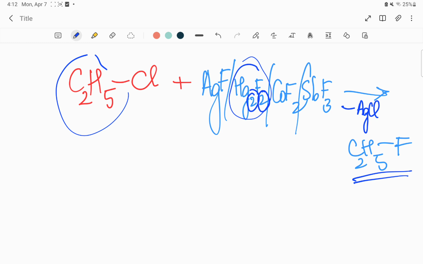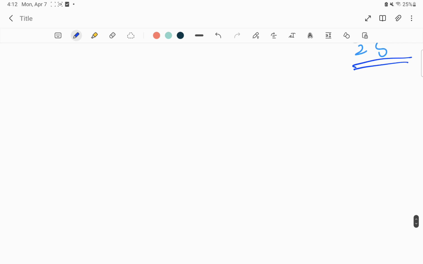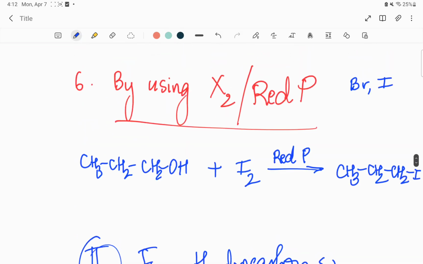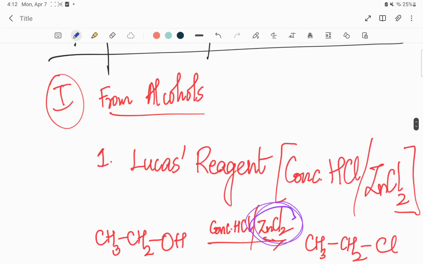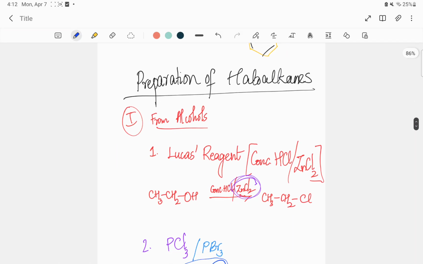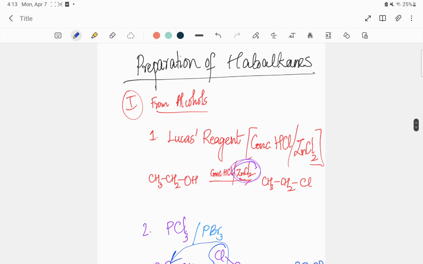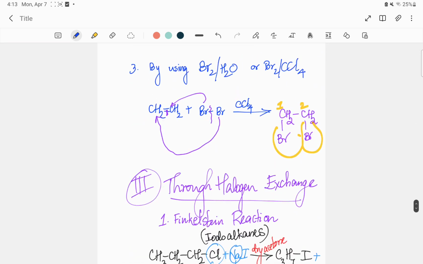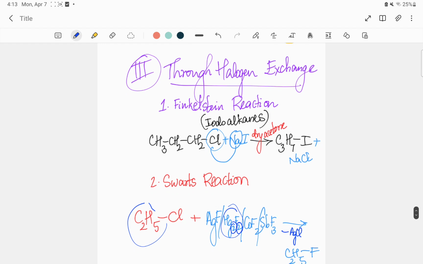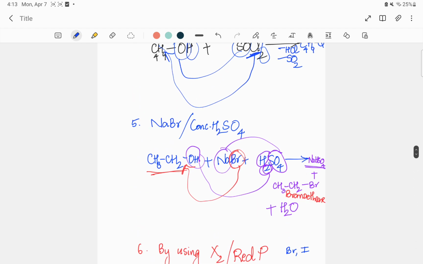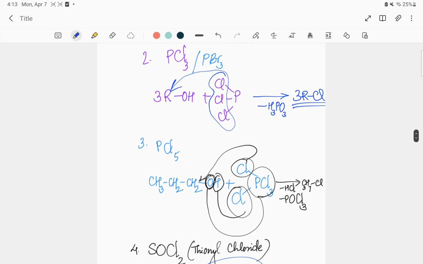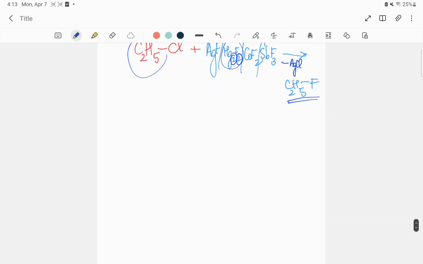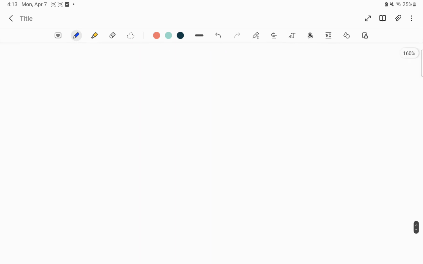So that is all about preparation of haloalkanes. So far whatever we discussed was only for haloalkanes, not for haloarenes, and we discussed three major methods, that is from alcohols, from hydrocarbons and through halogen exchange. Under these three we learned many subdivisions, and all these are applicable only for haloalkanes.